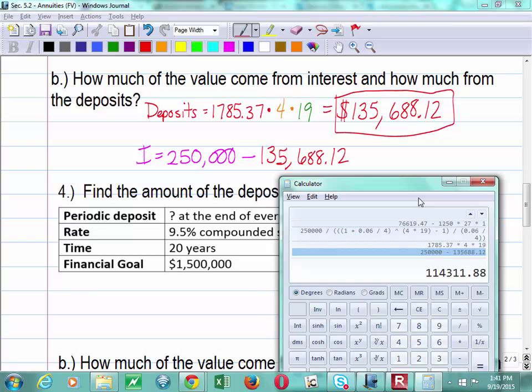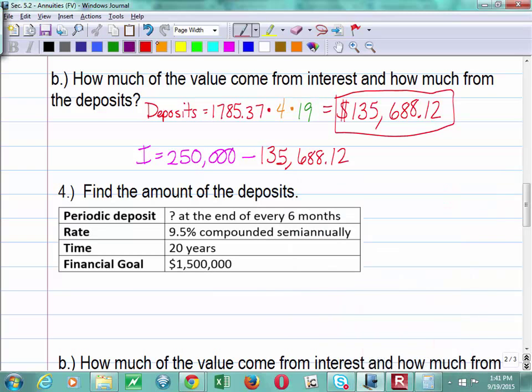Alright, $114,311.88. That's how much interest they earned.